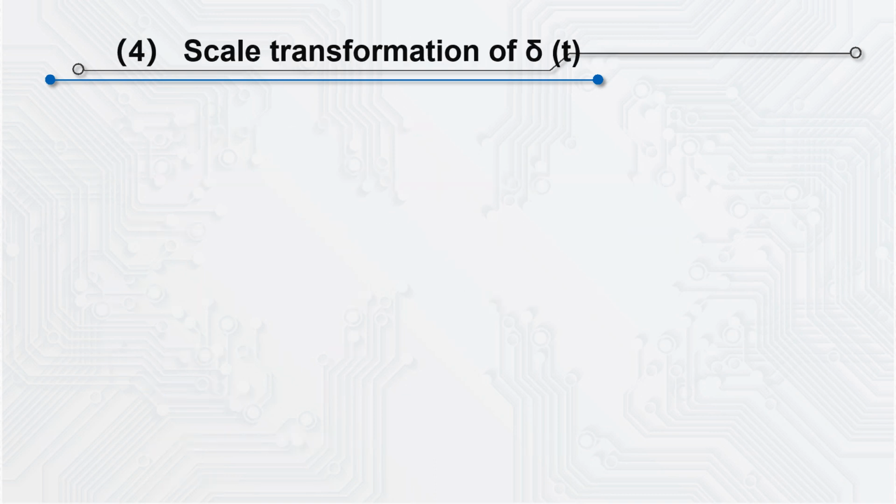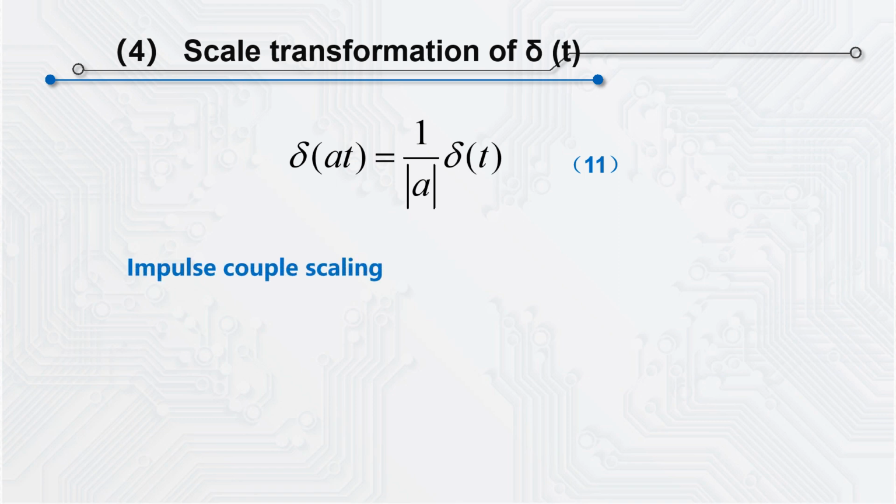Next, let's take a look at scale transformation of δ(t). δ(at) is equal to 1 over the absolute value of a times δ(t). This is different from scaling of general functions. But what is the scale transformation of impulse couple? By scaling δ'(t), we can get formula 12.